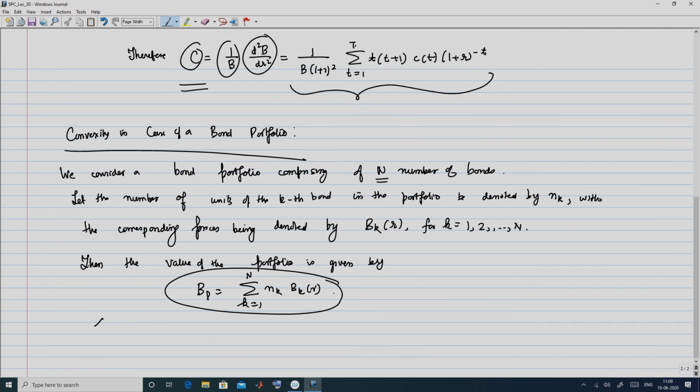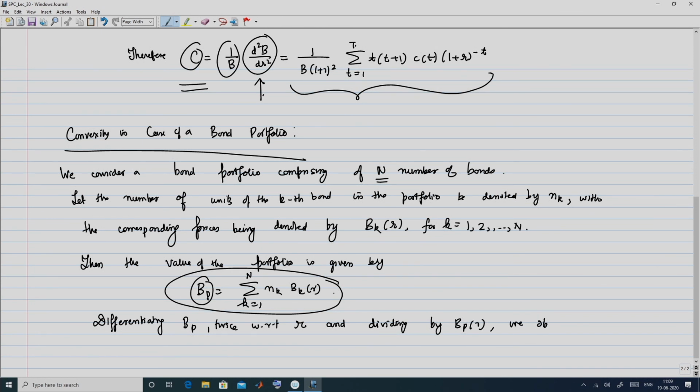Now, if you want to find the convexity of this bond portfolio, we differentiate B_p twice, as this is the definition of convexity. We need the second derivative with respect to r, and then divide this by B_p(r).